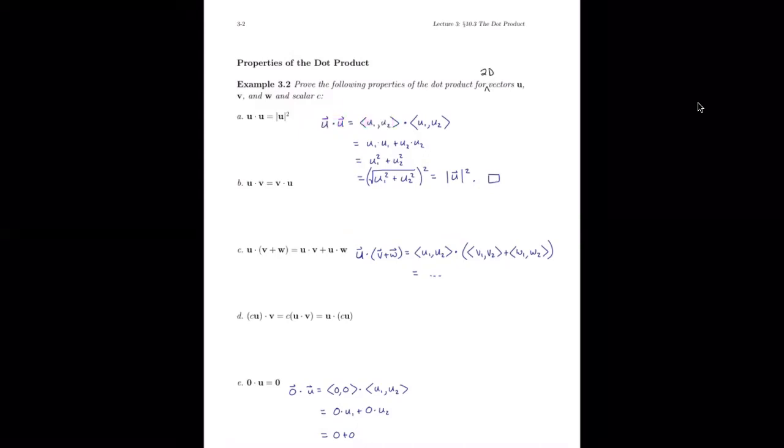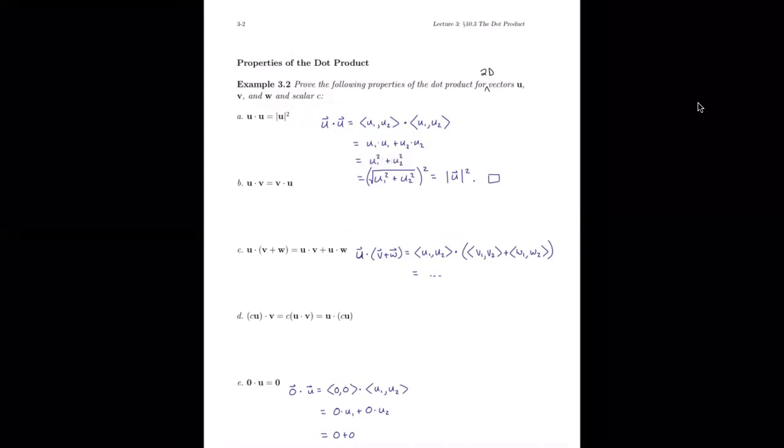Once we're done with it, u dot u is this vector dotted with this vector. If we carry out that dot product, it's u1 times u1 plus u2 times u2. Those are two numbers that are equal to each other times each other. So we have u1 squared plus u2 squared, and that is the square root of the square of this.